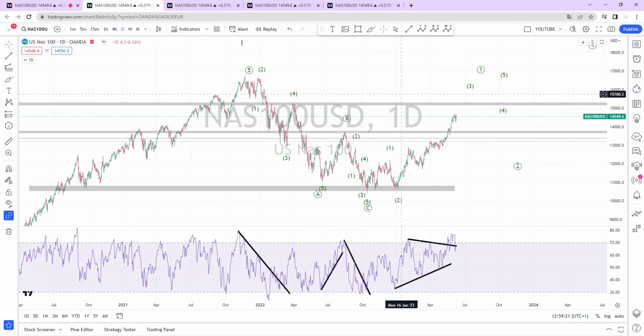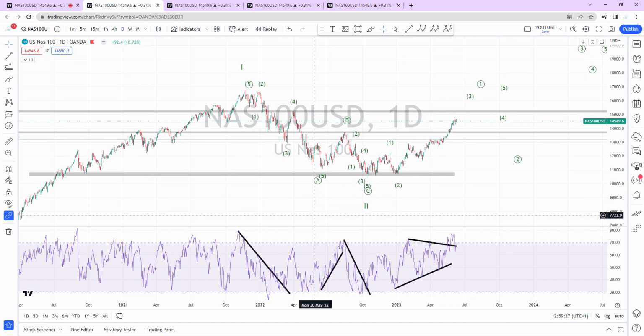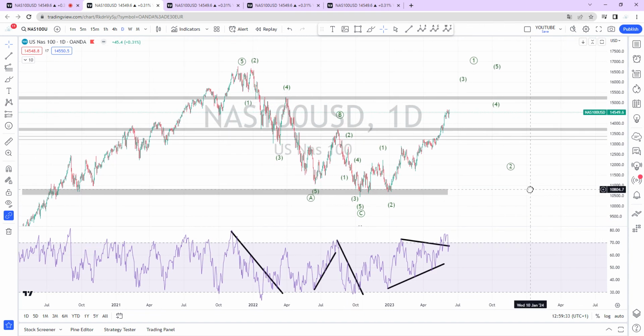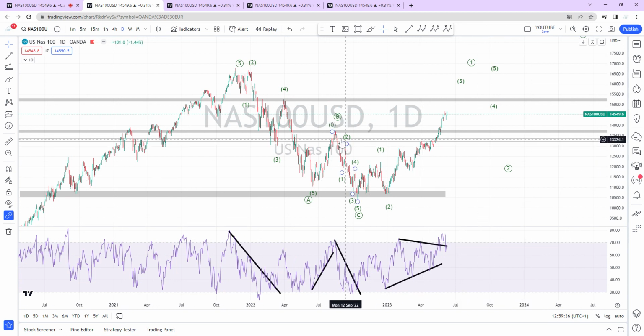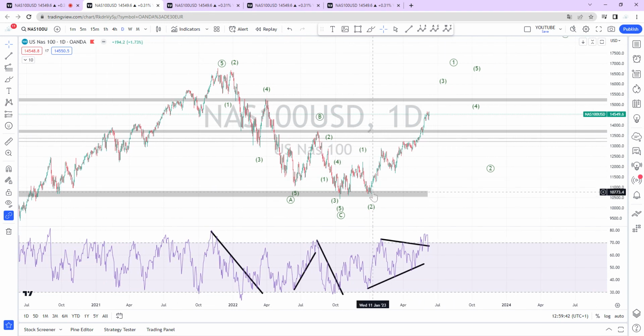If we further zoom in to the daily, then okay, this here is our wave 2 low. Yeah, so our wave A, wave C, and so now, yeah, this looks very impulsive to the upside. This is an impulsive structure, and so here I believe we did our wave 1, wave 2, and yeah, we are doing an extension in wave 3.